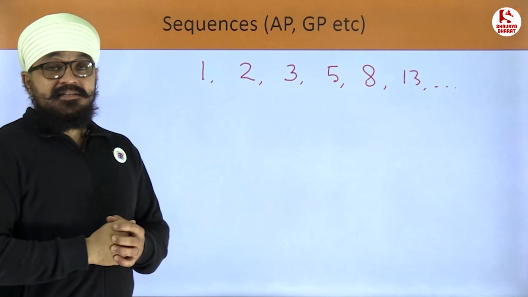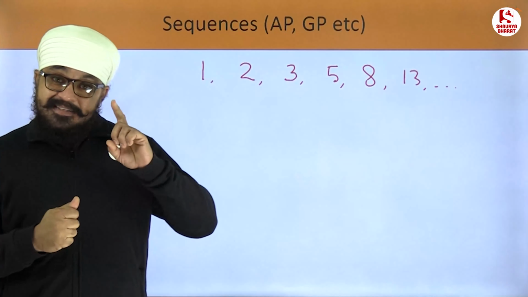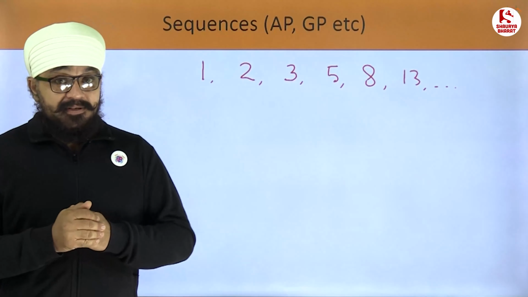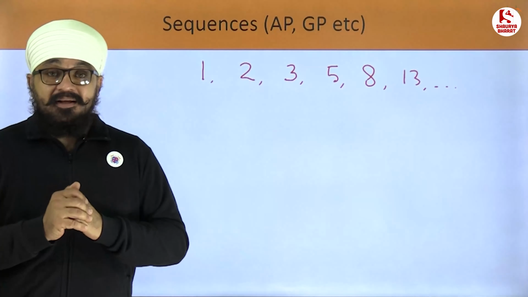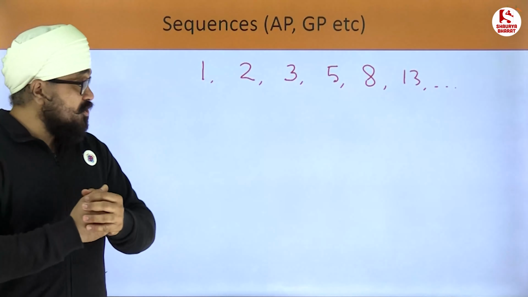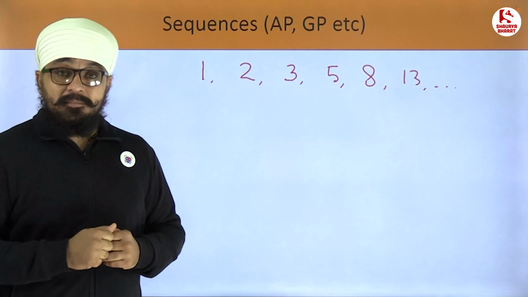When we are writing these numbers, after writing the first two numbers and seeing the third number, you are developing some logic. That means the next number is not coming on its own, but they have some identified logic behind that.